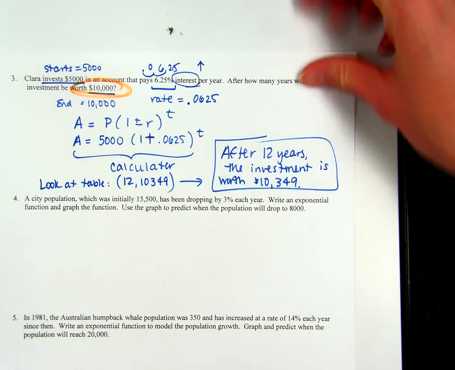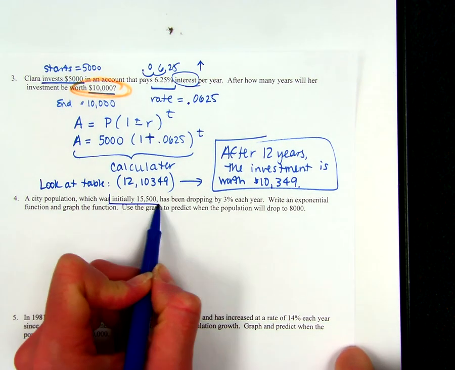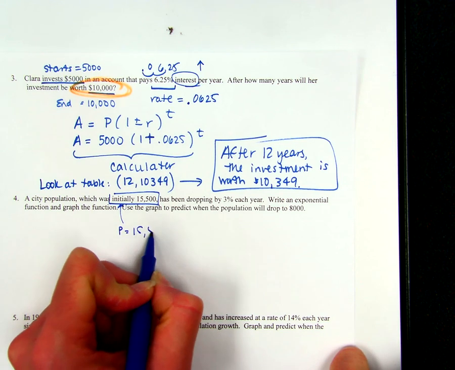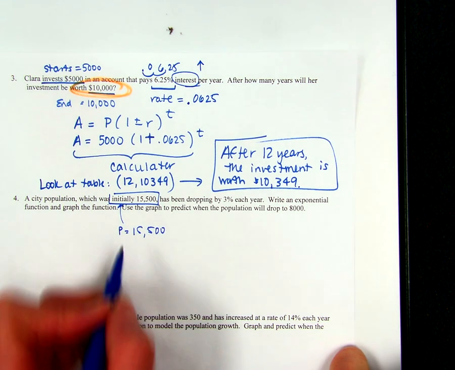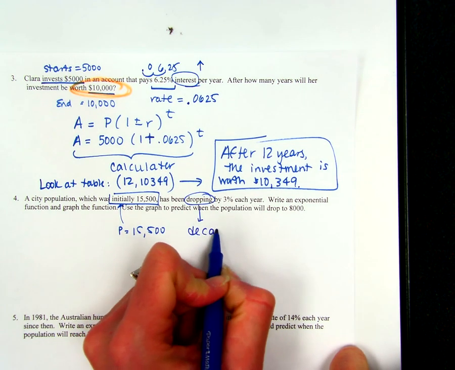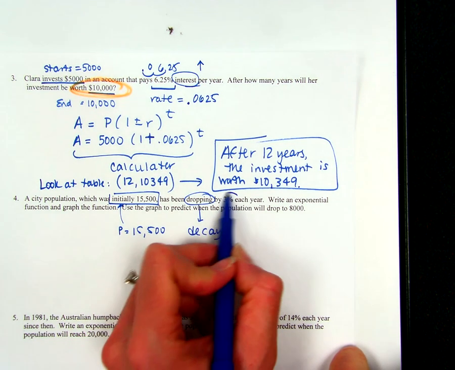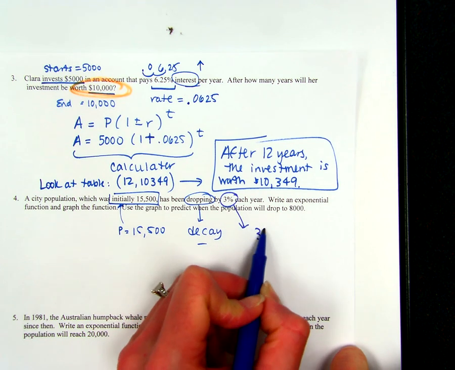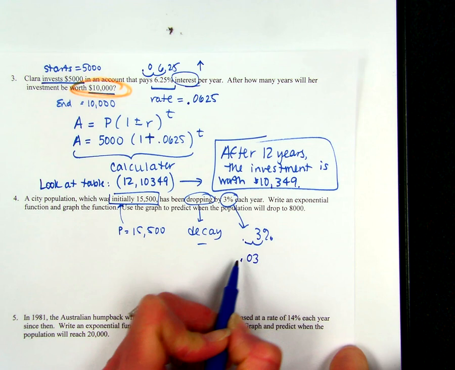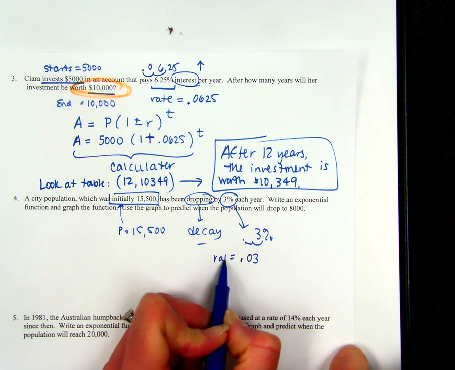All right, so our city population was initially 15,500. That's my initial amount. It's dropping, so this means decay, which means that I'm going to have minus 3%. So 3% is the same as 0.03 as a decimal. That's my rate.